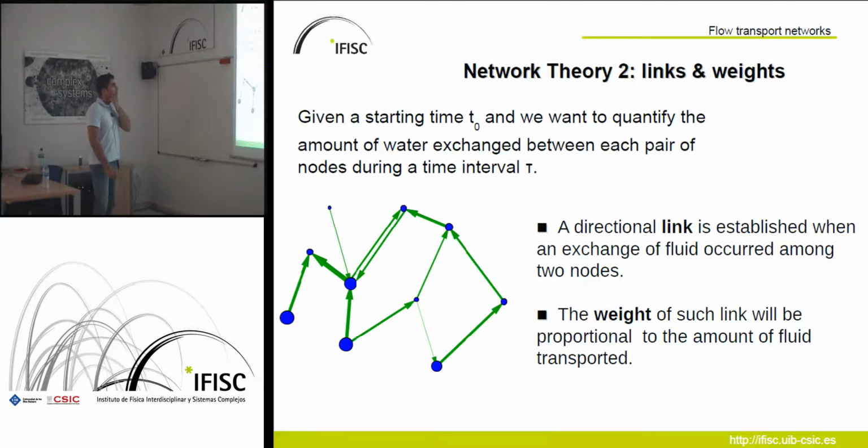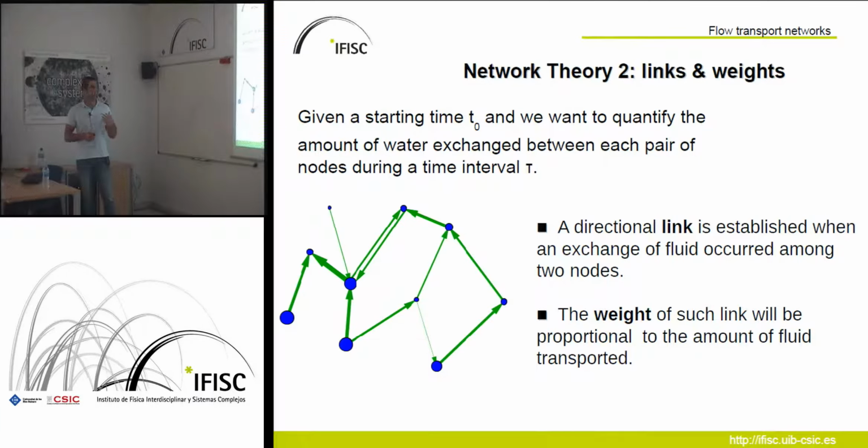Then, of course, we have to define what a link is in our network. Given a starting time, t0, we will see if during a time interval that we call tau, an exchange of water has occurred between 2 nodes.